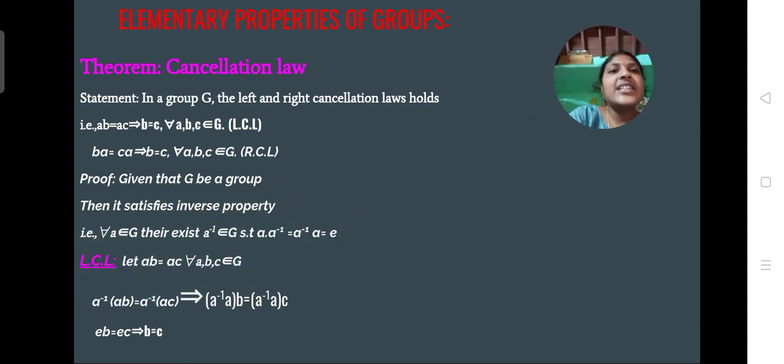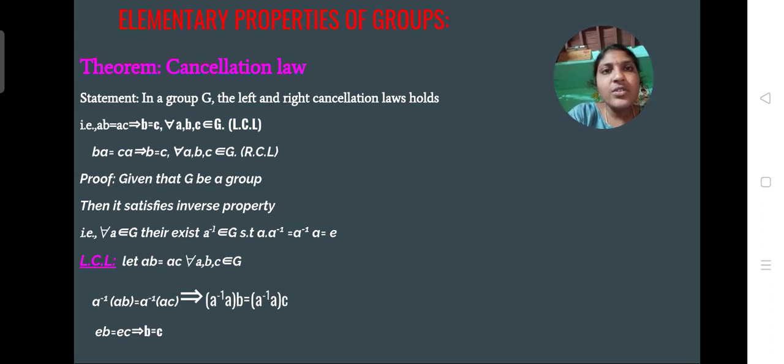It satisfies the inverse property, that is, for all a belongs to G, there exists a inverse belongs to G. Here we take all these theorems under multiplication, such that a * a^-1 = a^-1 * a = e. Here e is the identity element and a^-1 is the inverse element of a under multiplication.